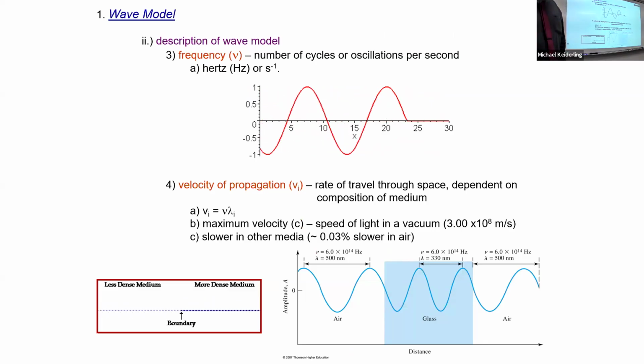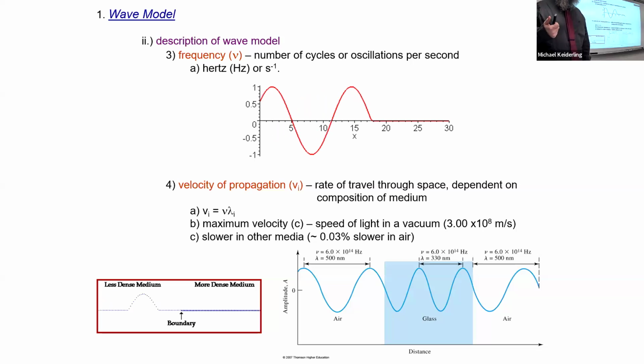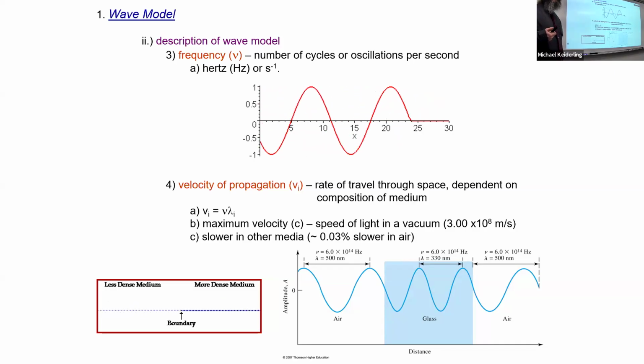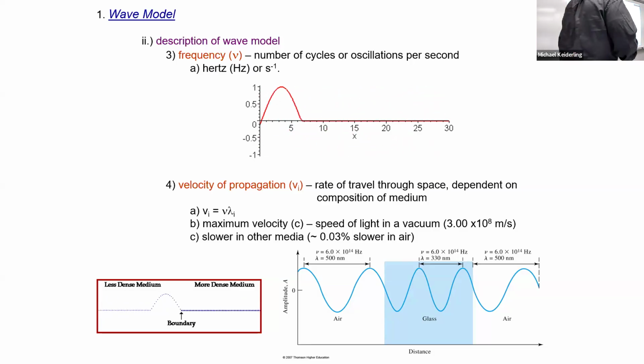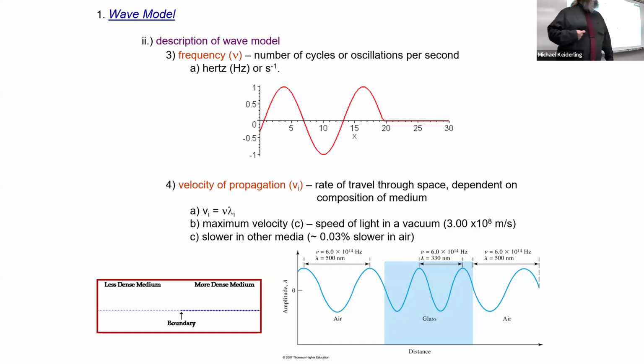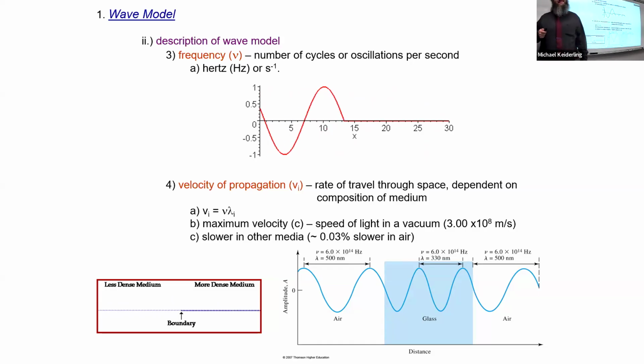For light, maximum velocity is c, the speed of light in a vacuum, which is 3 times 10 to the 8th meters per second. It is slower in other media. It's about 0.03% slower in air, and significantly slower in, say, glass. I mean, not hugely slower, but by a factor of about 1.5.